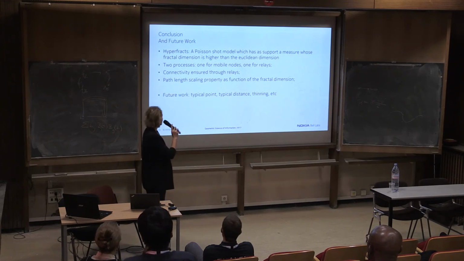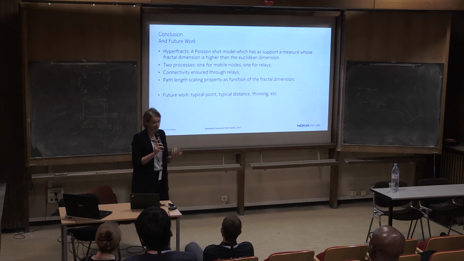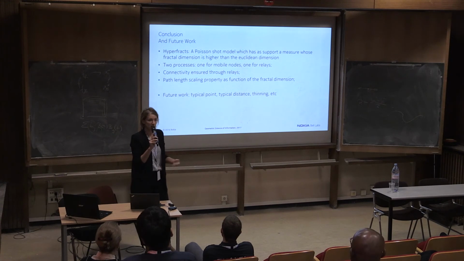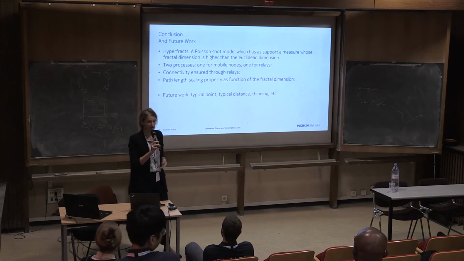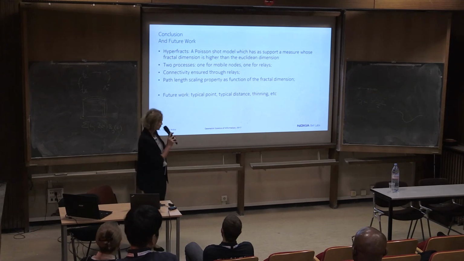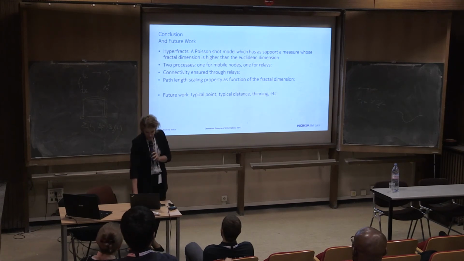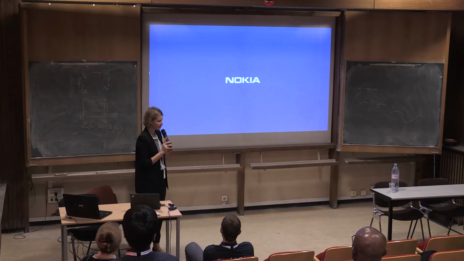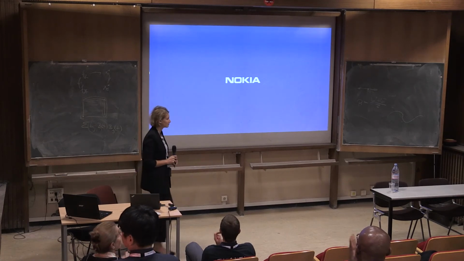We show the path length scaling, but we still have a lot of work to do on this model in computing typical metrics that we use in stochastic geometry, such as typical point, typical distance, thinning processes, and so on. So thank you, and I'm waiting for your questions.